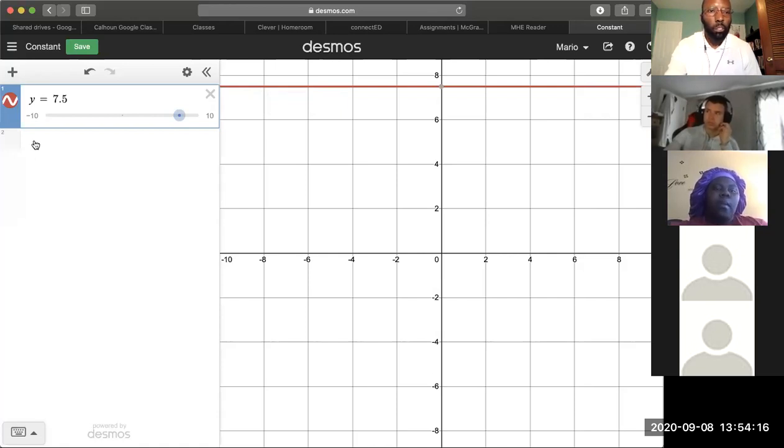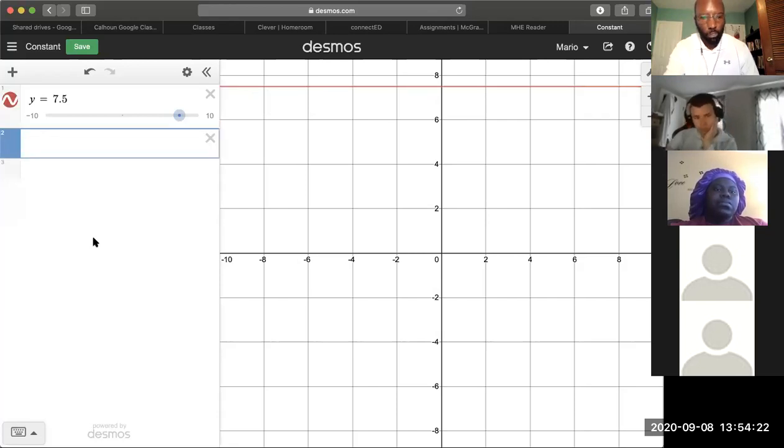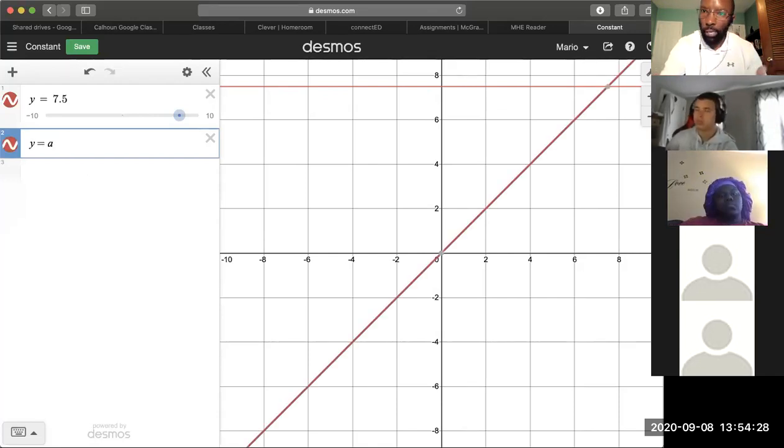So often you will see these functions written in a couple of different forms. Sometimes you might see it as y equals a, where a is just some real number.